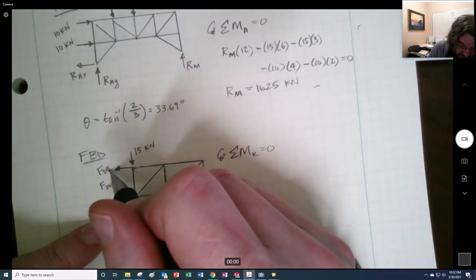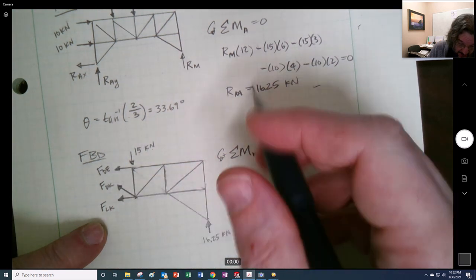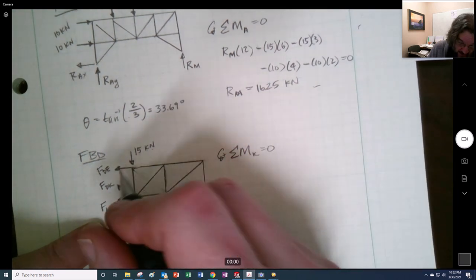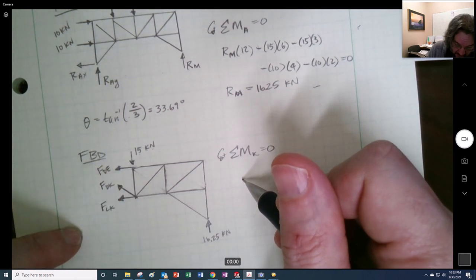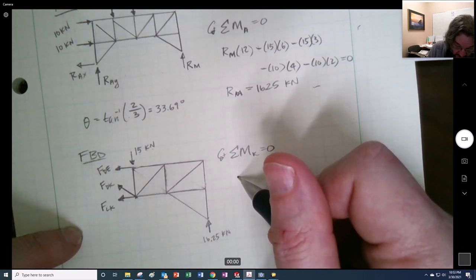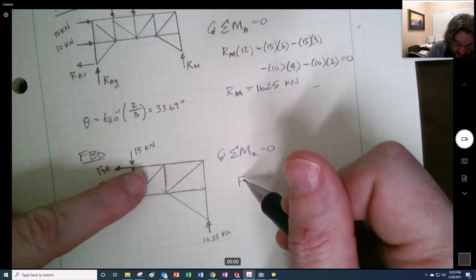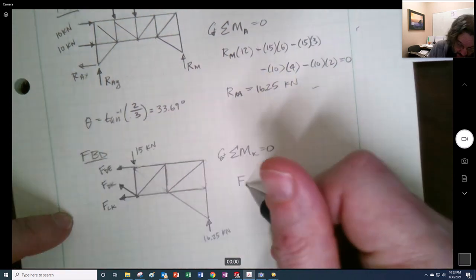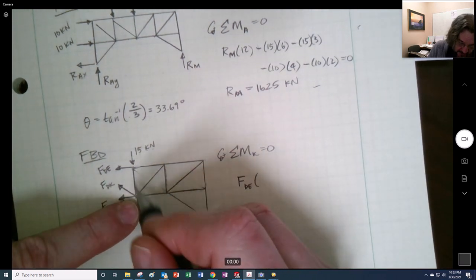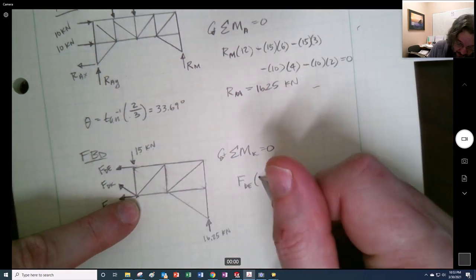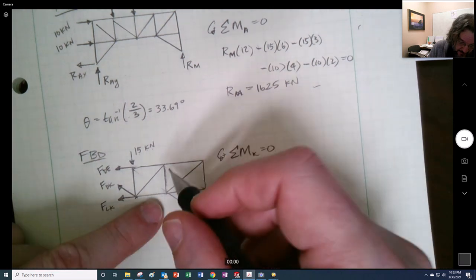So the only thing that's left is this guy right here. So I think we're going to notice that he's actually going to be in compression. So that's interesting. But I've drawn him as counterclockwise. So he's FDE, and the distance is all of 2 meters, right there.